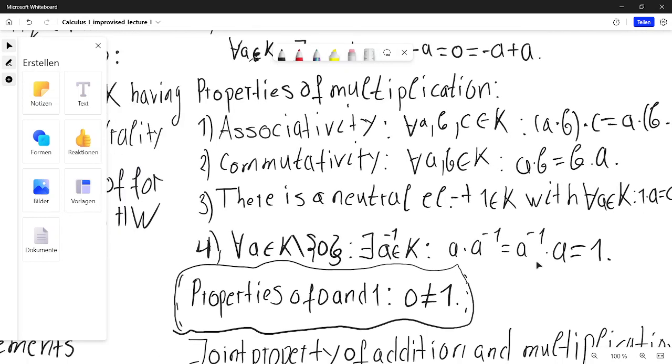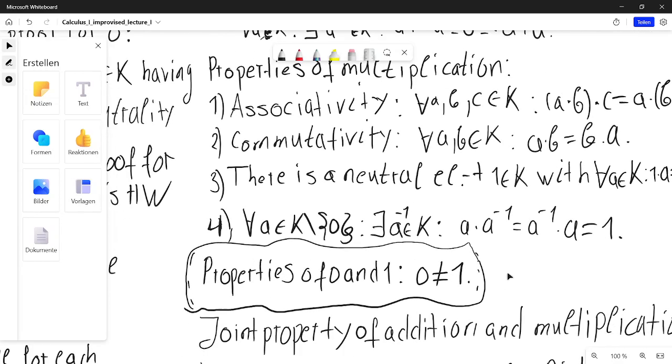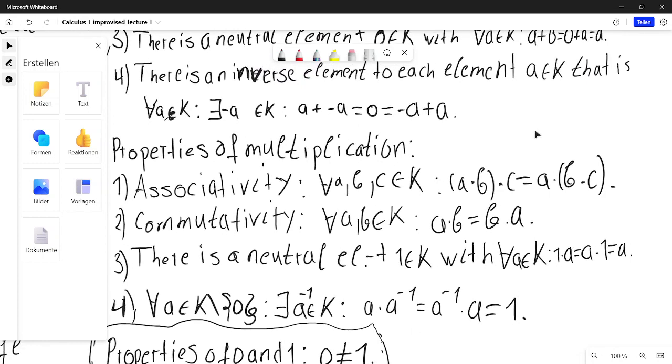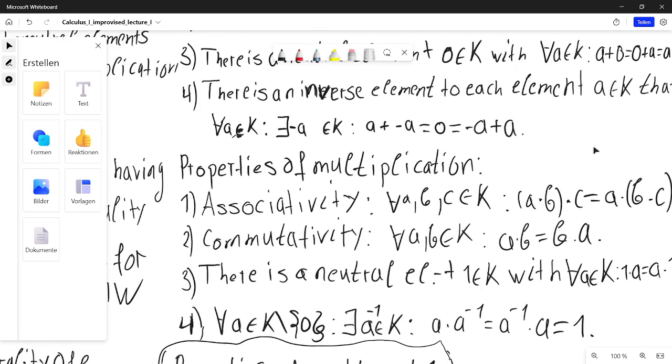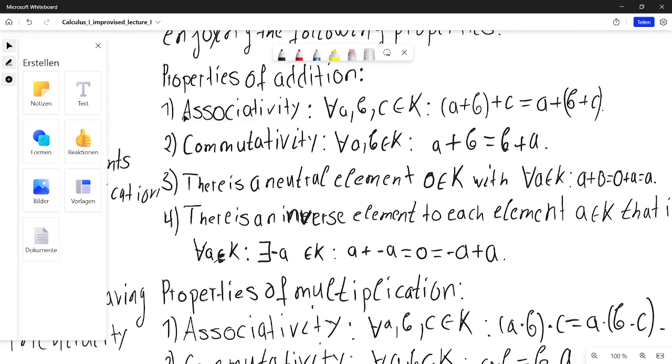Yes, we have to state it. We have to require it. Otherwise, we could have a structure, maybe a peculiar one, in which we have only one element, which is equal to 1 and equal to 0. This one element just satisfies everything. We have associativity for this one element, of course, because it's one element.